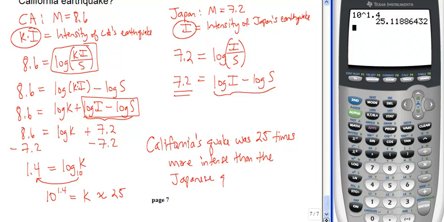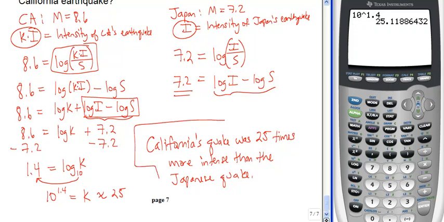And you wouldn't essentially think that based on how close the Richter scale values were, 8.6 to 7.2, that's only a difference of 1.4. But you have to remember that that's a difference of 1.4 in a logarithmic scale. So that really represents that California quake being 25 times more powerful than the Japanese quake.